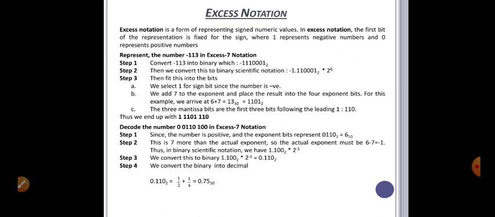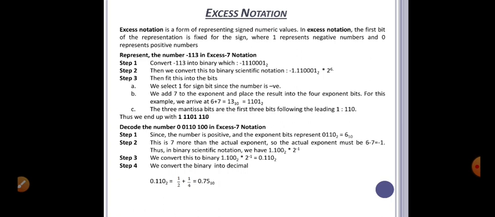Here one number is given, -113, and we have to find its excess 7 notation. There is excess 4 notation also. As excess 7 is there, 7 is the excess over here.